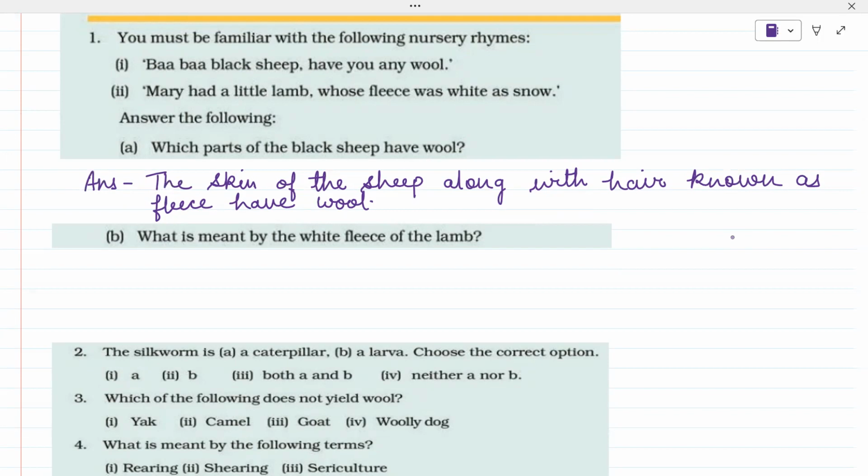Now, second question is: what is meant by the white fleece of the lamb? We all know that fleece means skin and the hair, right? So if it is white in color, then we will say that it is white fleece. So we will write down the answer.